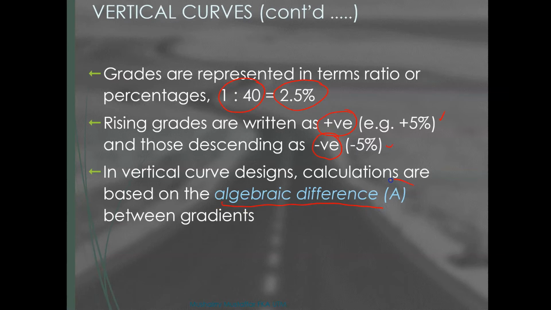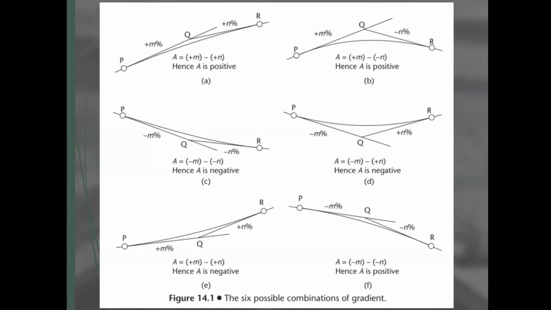Now, in vertical curve design, calculations are based on what we call the algebraic difference. I'm going to give it a term A. Some texts use A. So between grades, the algebraic difference. How does this work? I think the next picture will show you. Let's look at this one first.